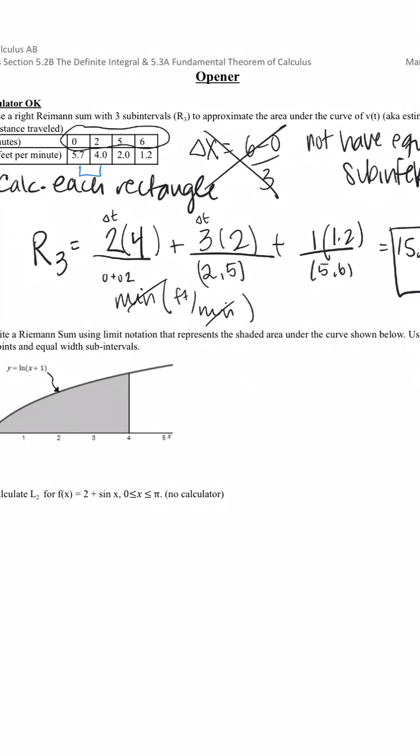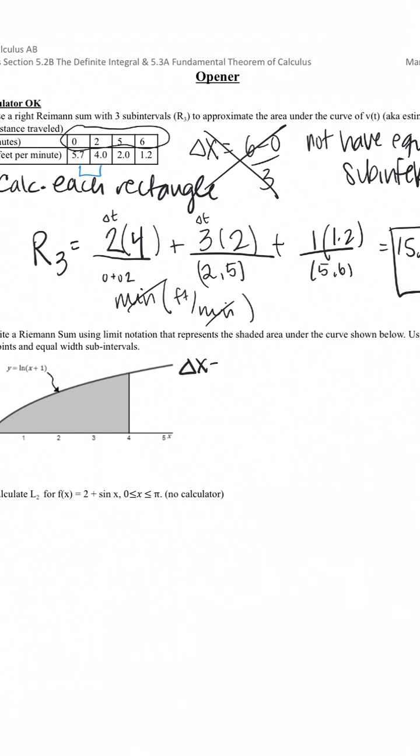Next, write a Riemann sum using limit notation representing the shaded area under the curve. We're given the function, and it says use right endpoints with equal subintervals. So we are going to go from 0 to 4.